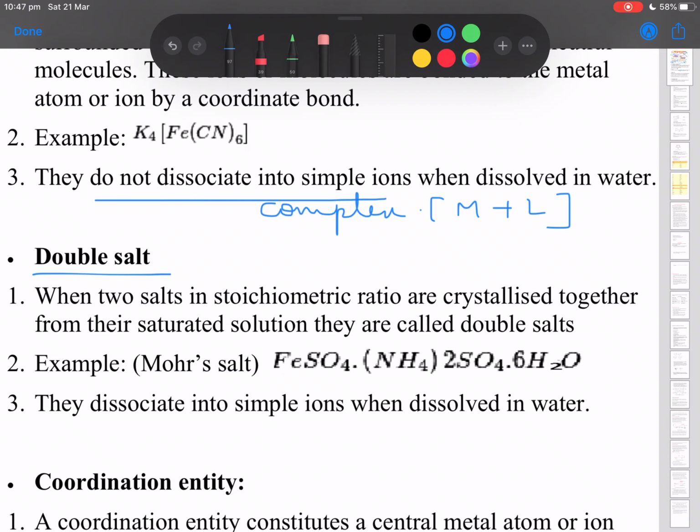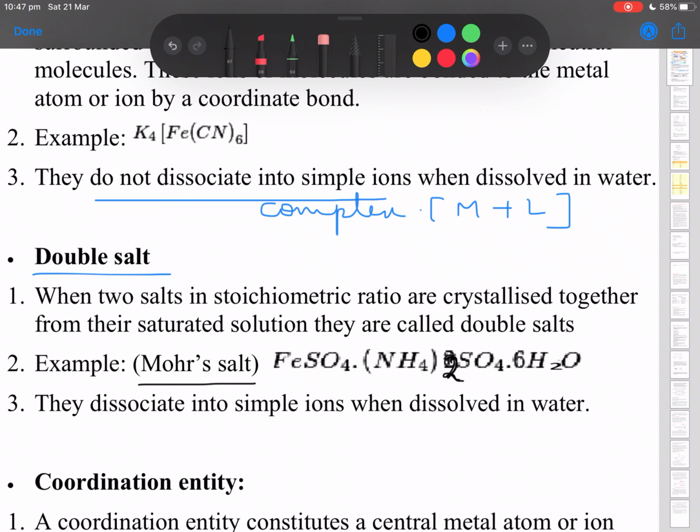For example, here we can see in this example very well. Let me just highlight this for you. NH4 whole twice as a subscript. So this double salt we are talking about is Mohr salt.